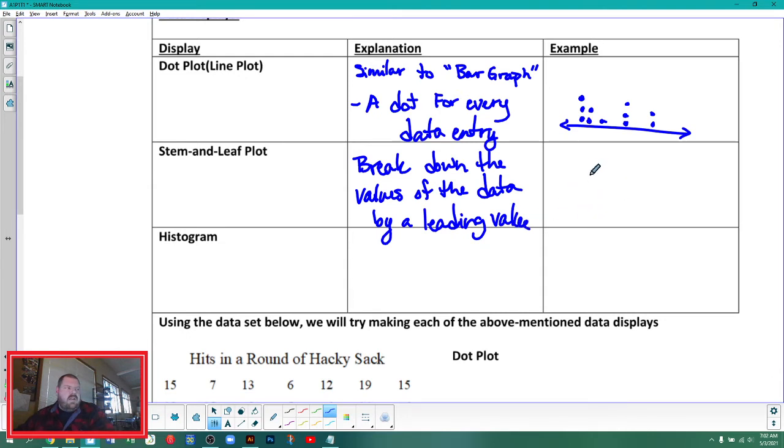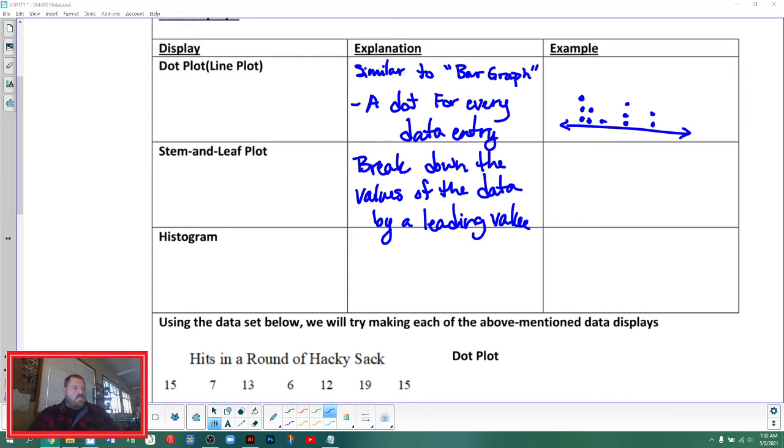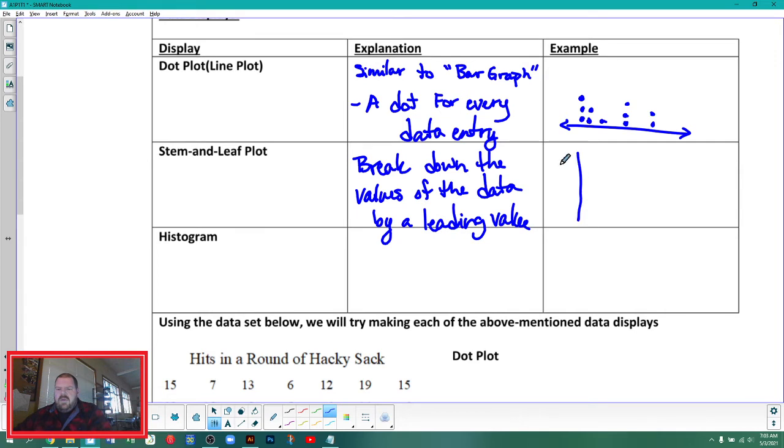In that regard, our stems are usually like our tens unit, and our leaves are usually our unit. So we usually just see it like this, where we've got stem and leaf.